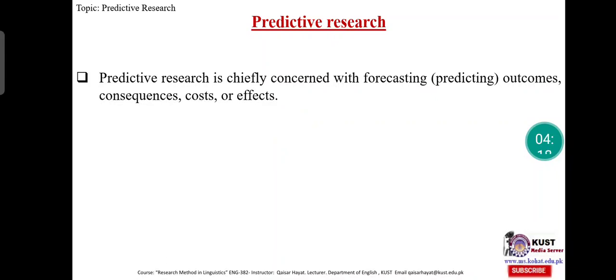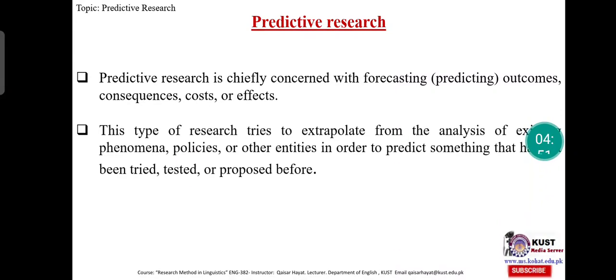Students, when we are confronted with a situation where we have to work on forecasting or predicting, and our outcomes are the consequences that we have to face, or the cost and effect on which we are working, especially in business areas, these things can be predicted in a way that research can be done on it, and that research is predictive research.